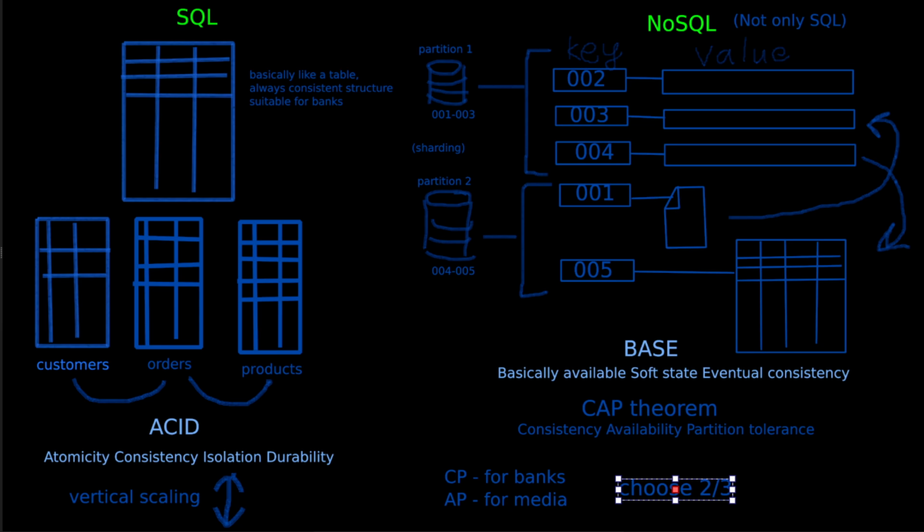And you can take availability and partition tolerance, and that would be for tasks like media platforms, where it should be live by all means, not exactly the latest information, but it should be live and working and functioning all the time. And you can choose only 2 out of 3 of them, unfortunately, because that's how it actually works.